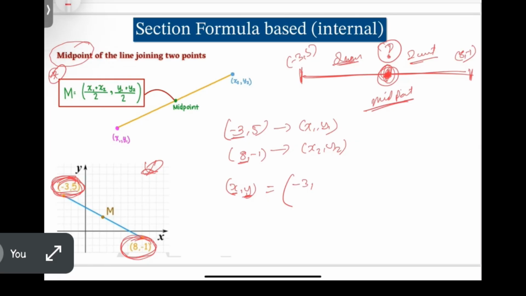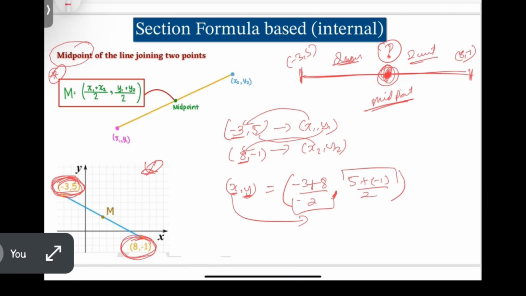X2 here is plus 8, divided by 2, comma, and this is y1, y1 is how much? 5 plus, what is y2? Y2 is minus 1, divided by 2. So this part is nothing but x, and this part is nothing but y. Okay, it corresponds like that.